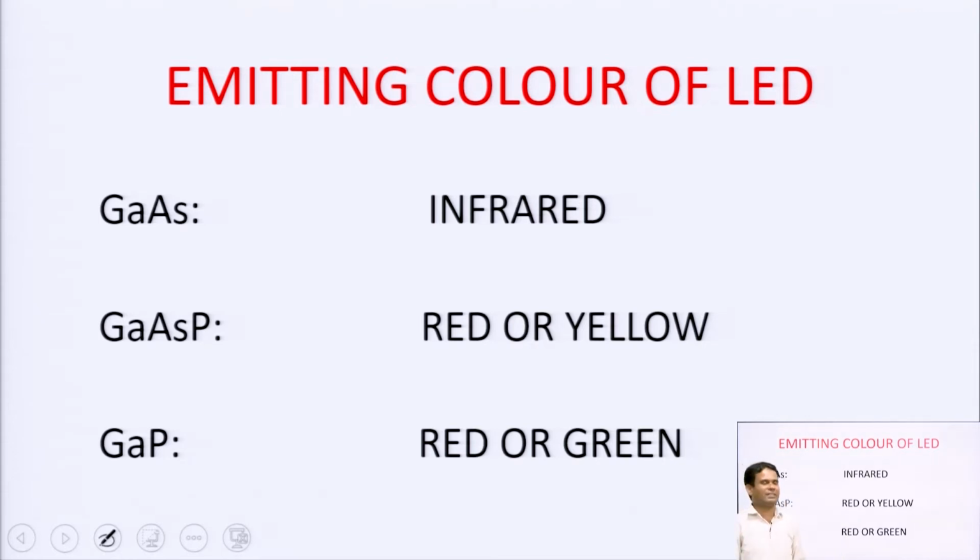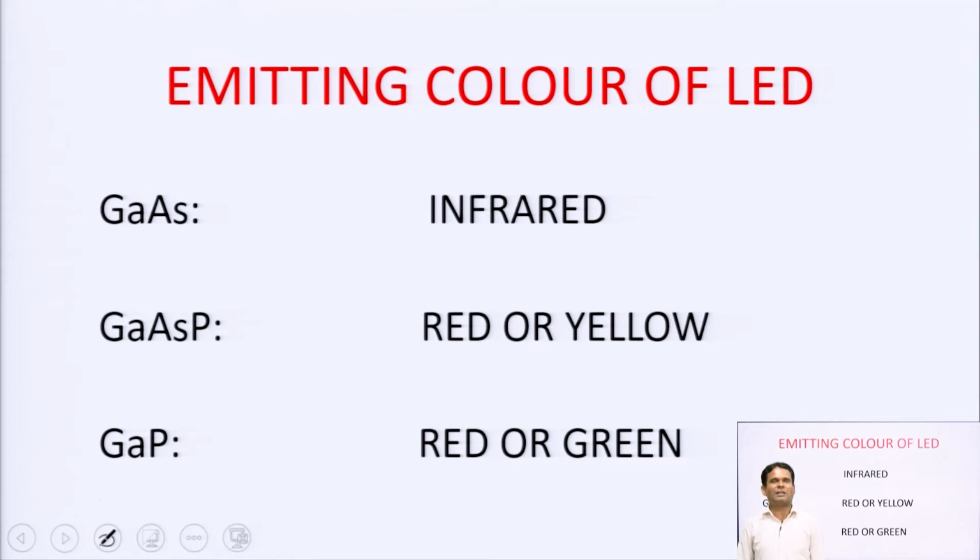You guys may think: why can the same material radiate two types of color? It is very simple. All of us know that frequency is proportional to energy, and energy is proportional to the voltage. If we change the terminal voltage of any LED, the color may change, because for red color the terminal voltage will be low, and for yellow color the terminal voltage will be high, because for high energy there should be high voltage, and the energy of yellow is greater than red.